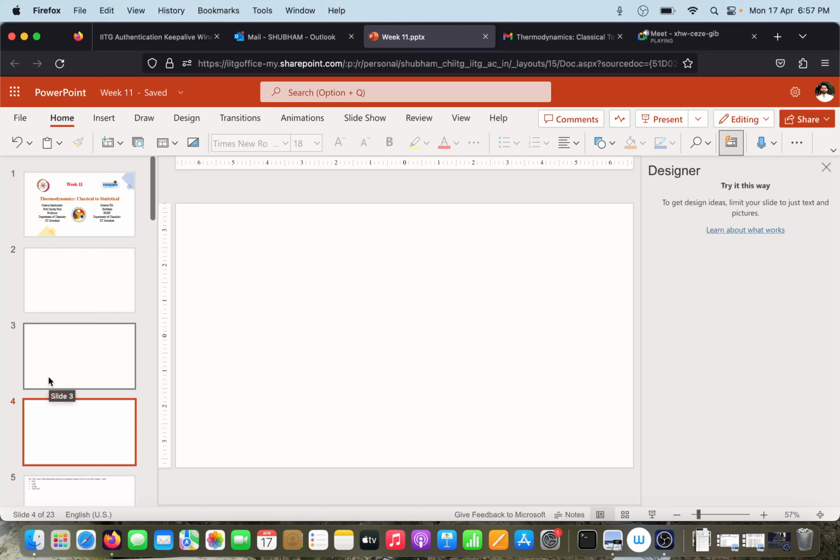So 29.9 minus 8.314, this is 21.586 joule per Kelvin per mole. So we get the value of Cp, which is 29.9 joule per Kelvin per mole, and Cv 21.586 joule per Kelvin per mole. This is the answer.